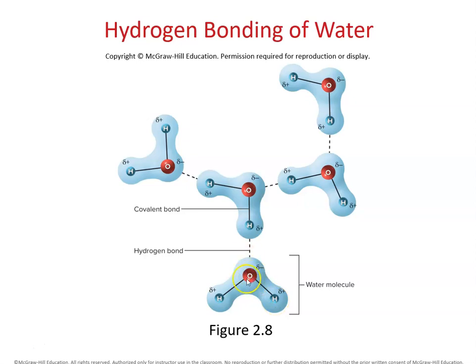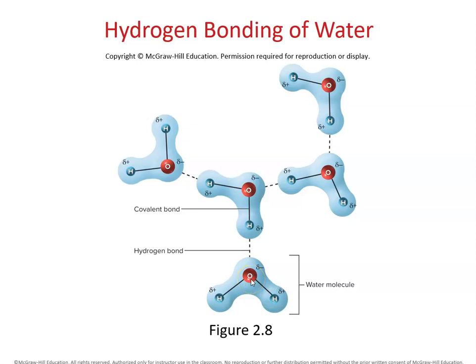The oxygen has electrons, and each of the hydrogens has electrons, but because of oxygen's higher electronegativity, the electrons tend to hang out with the oxygen. And so the oxygen tends to have a partial negative charge, and the hydrogens tend to have a partial positive charge. Between the oxygen and the hydrogen are covalent bonds. That is the way water forms.